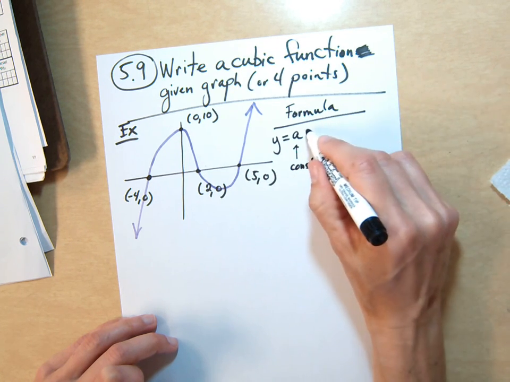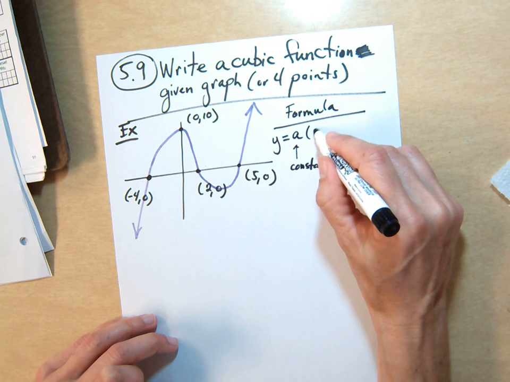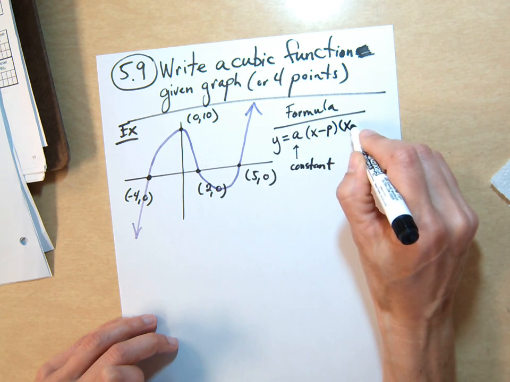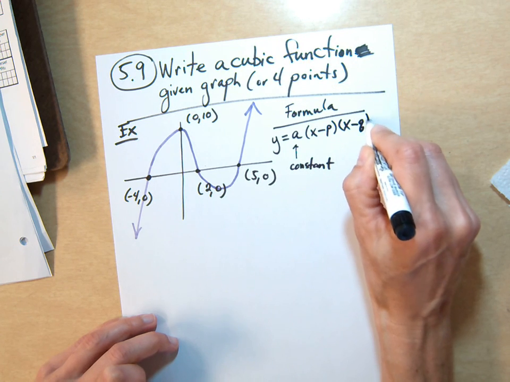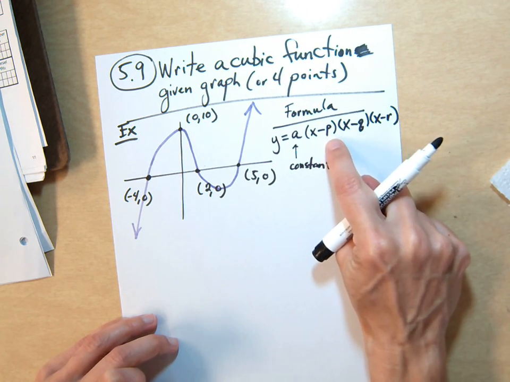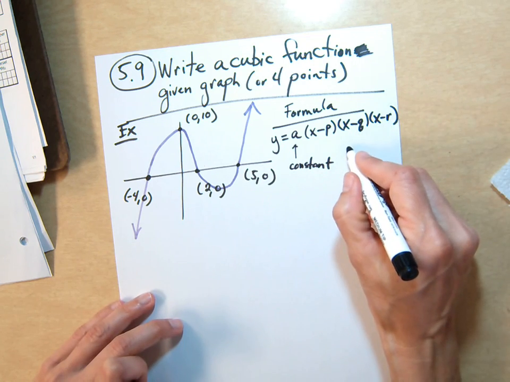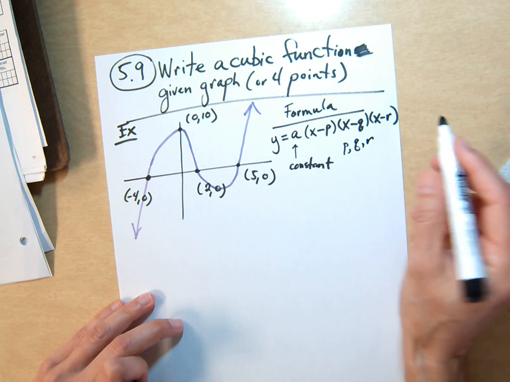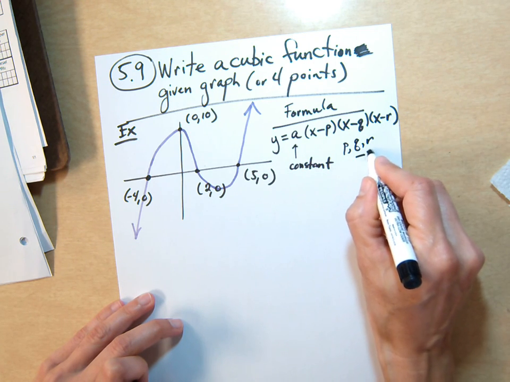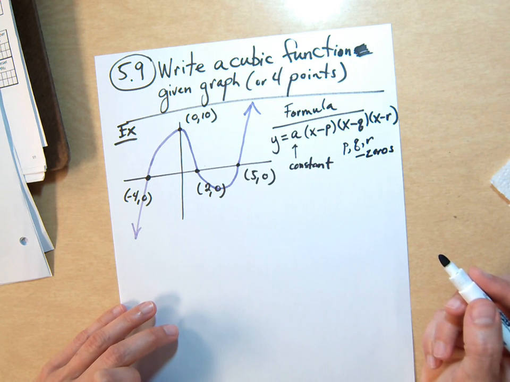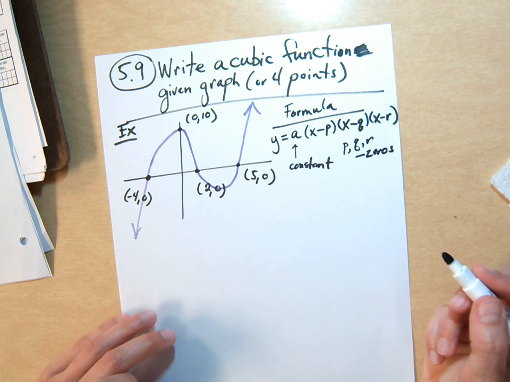And then each factor, if you know the 3 zeros, p, q, and r, the factor is just x minus the zero. P, q, and r you could have used any letters you want. P, q, and r are for the zeros. And what are zeros in the graph? X-intercepts. Very good.